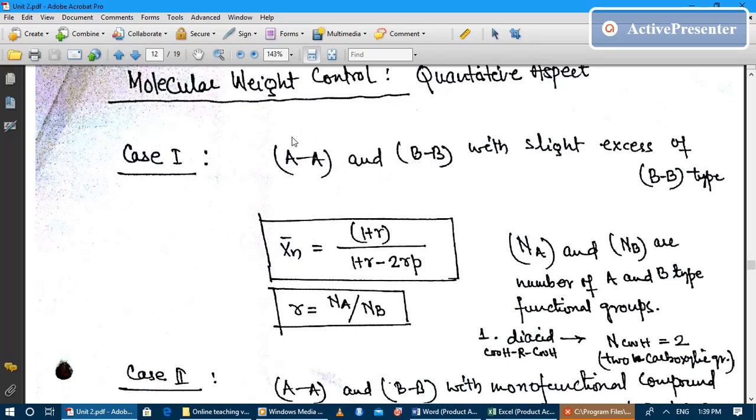You can say particularly this is a diacid reacting with a diol or diamine, with a slight excess of diamine or diol.